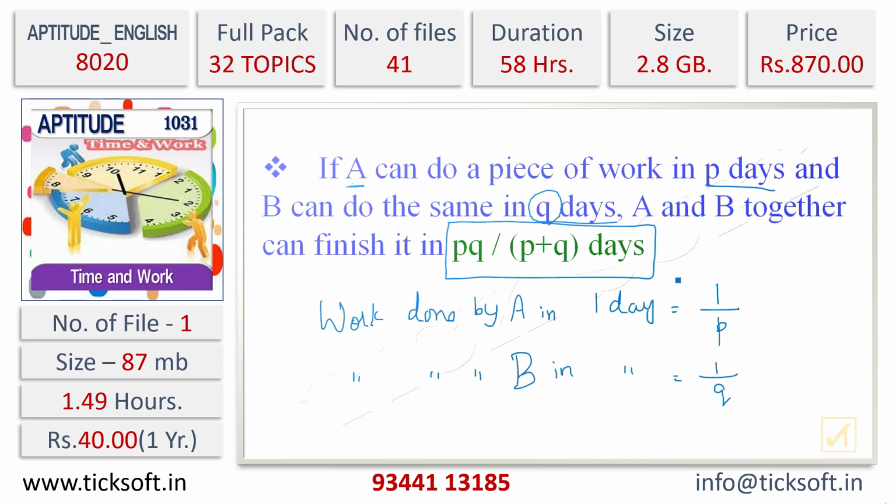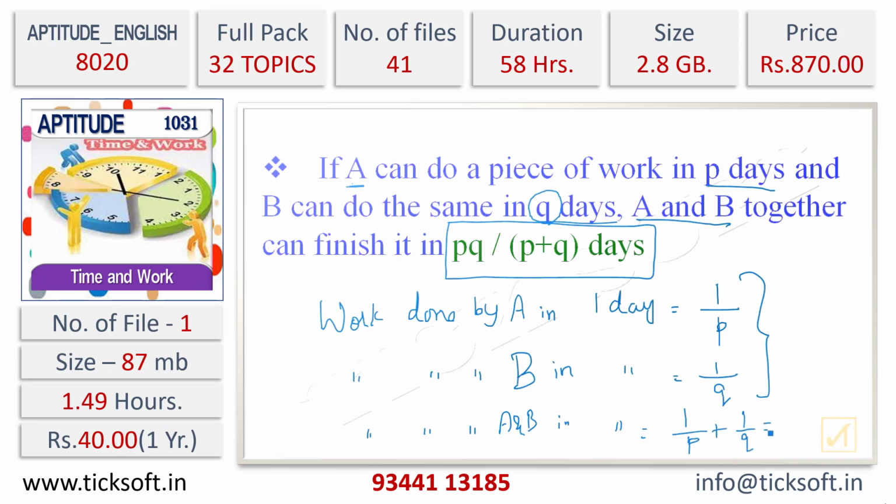Now, what we have to do is find out the work done by both A and B. Work done by both A and B in 1 day will be equal to what? If we want to find the work done by A and B in 1 day, then we have to add these two values, that is, work done by A in 1 day plus work done by B in 1 day.